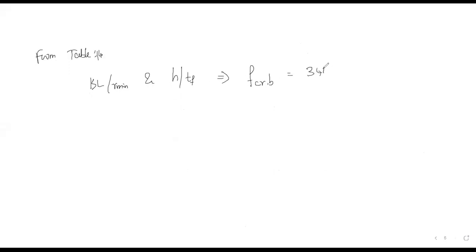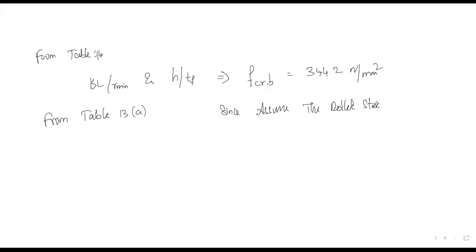It is around 344.2 Newton per mm squared. Now from table 13A, since we are assuming the rolled steel sections are used, alpha LT becomes 0.21.